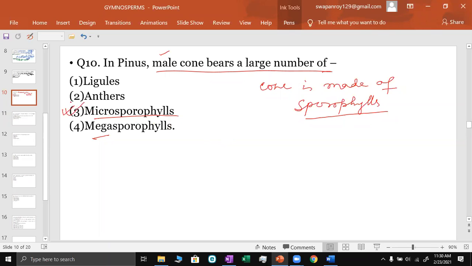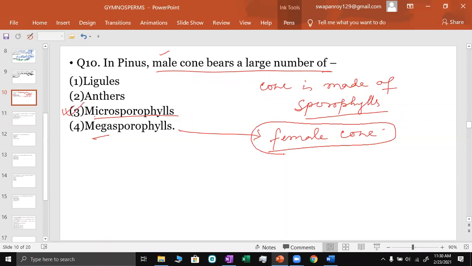The macrosporophyll forms the female cone. In the pine tree, the cones you get are the female cones.